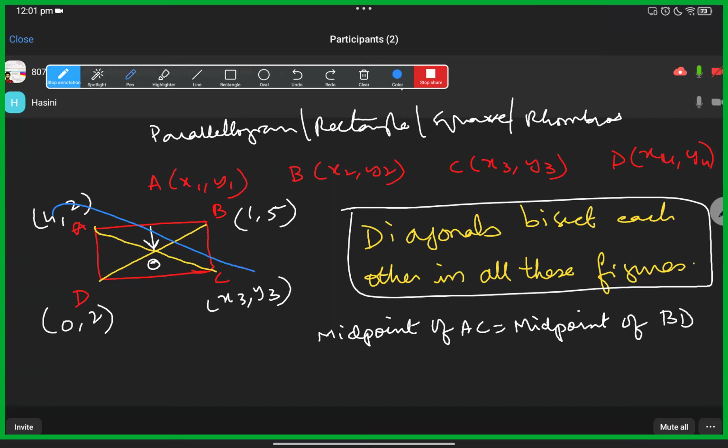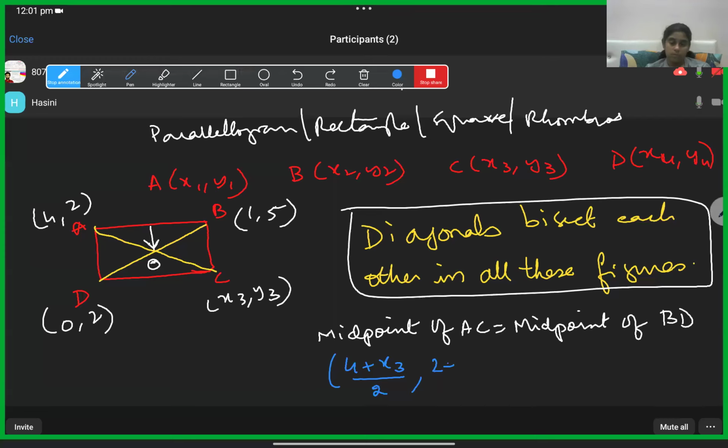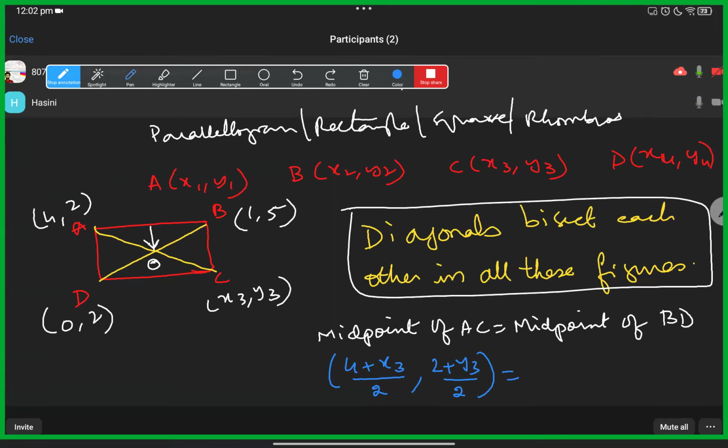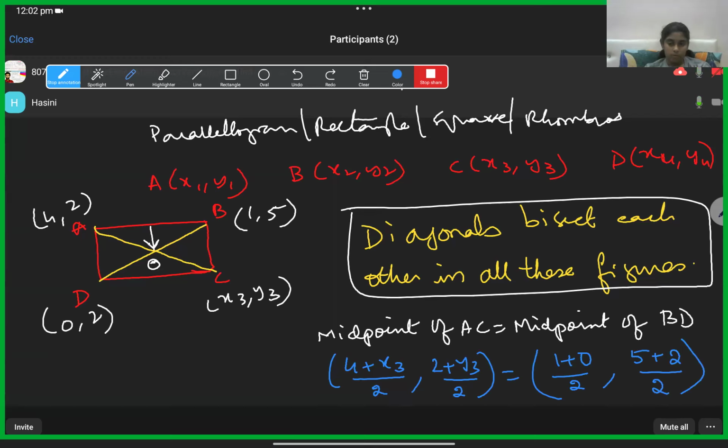For AC, these two points, we get (4 plus x3) by 2, (2 plus y3) by 2 is equal to, on the right side, (1 plus 0) by 2, (5 plus 2) by 2.